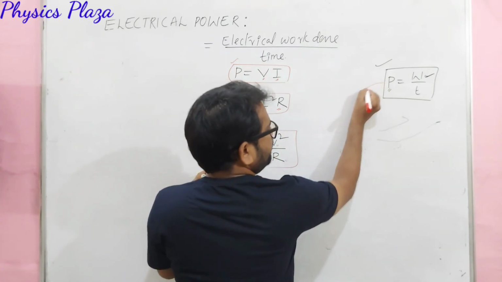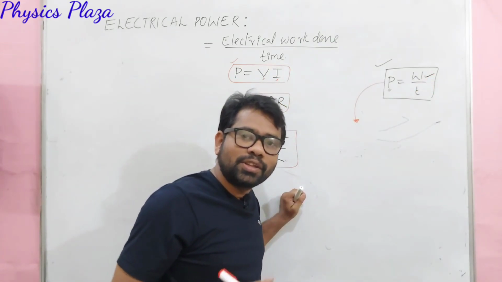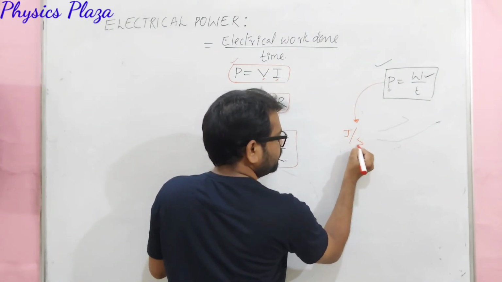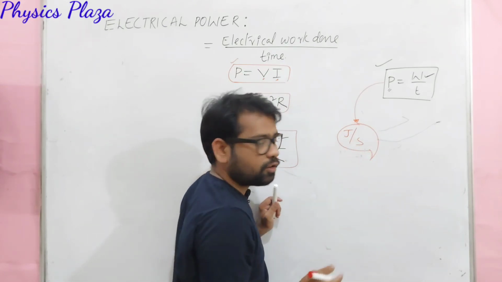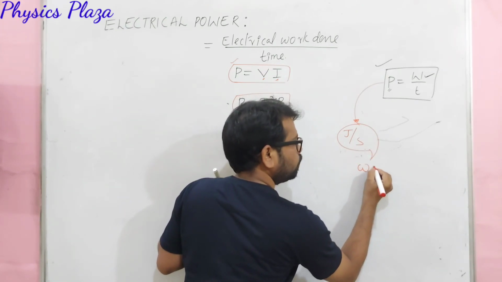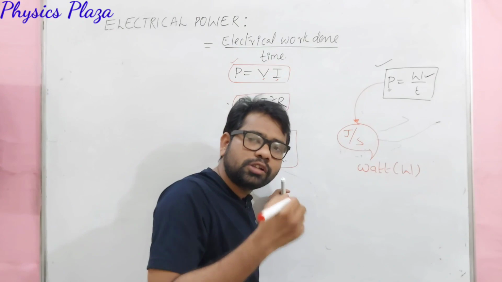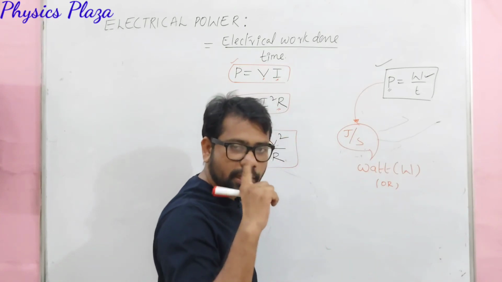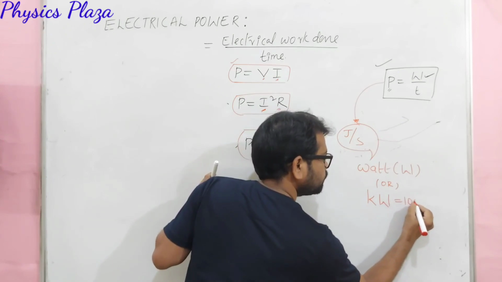Since power is equal to W by T, electrical energy by time, and electrical energy in the SI system is measured in joules, joule per second is the SI unit of power. This joule per second we call a watt. The symbol is capital W. To measure larger amounts of electrical power, we also use kilowatt. 1 kilowatt is equal to 1000 watts.